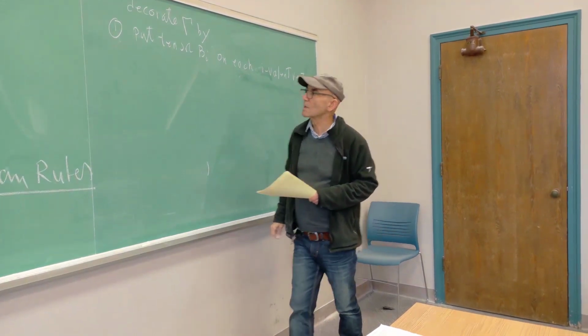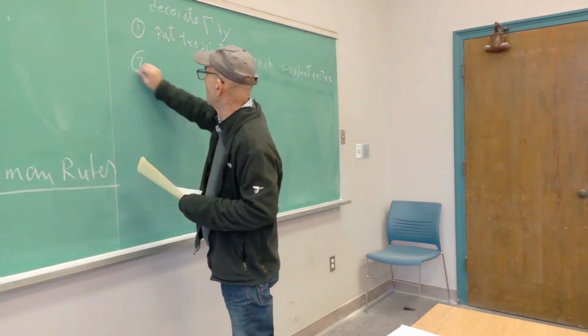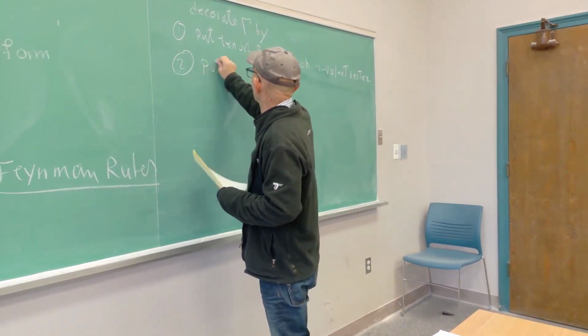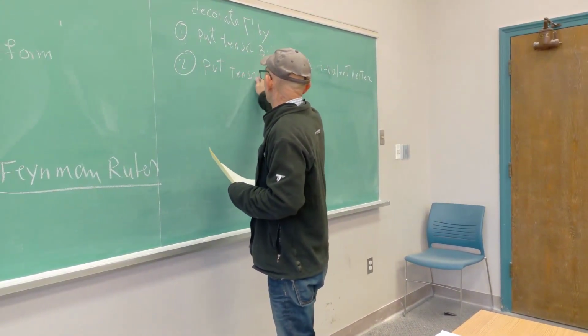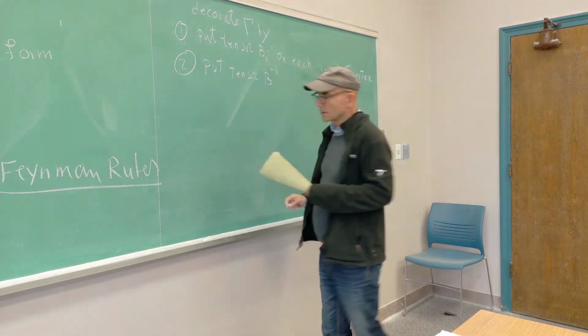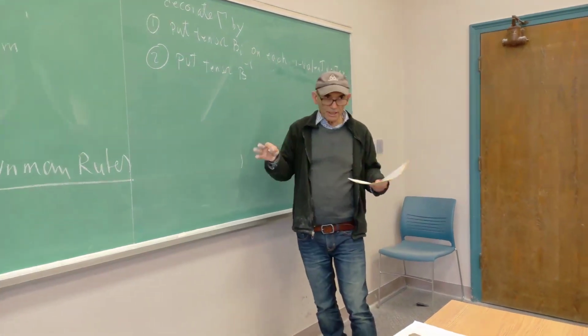Second of all, we put tensor B inverse, the so-called propagator, on each edge.